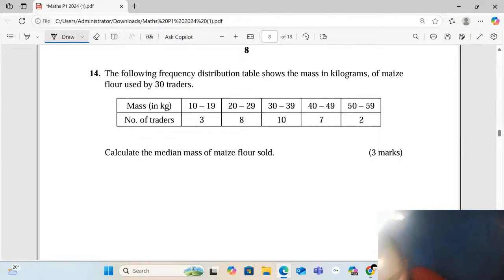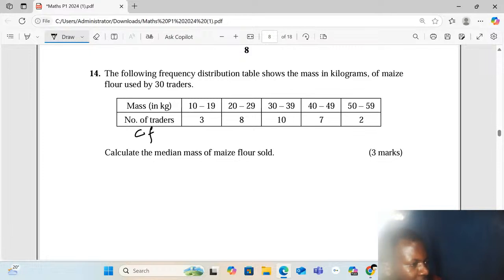Simple. You simply find the median mark. We can find the cumulative frequency, the CF.